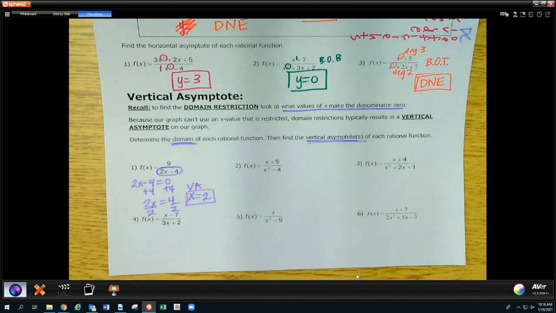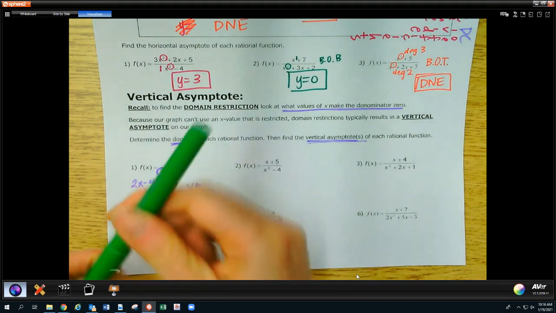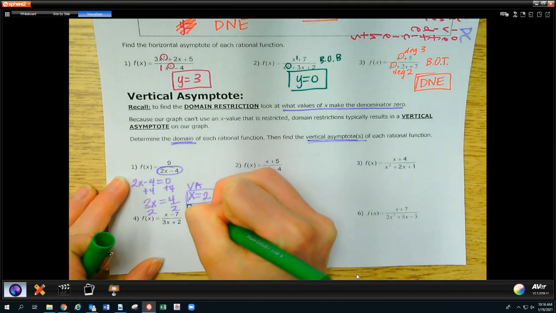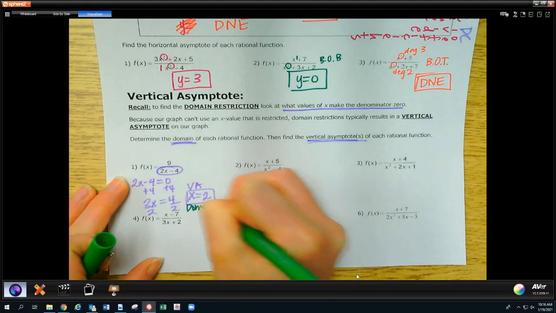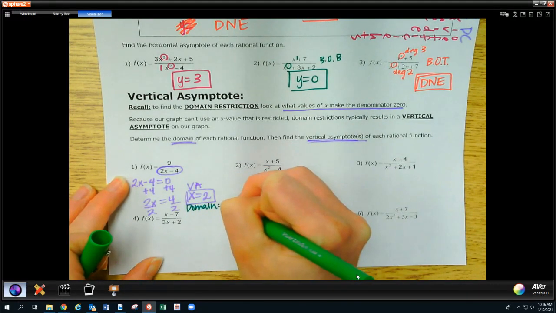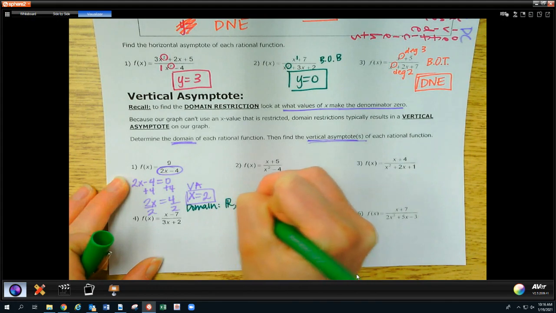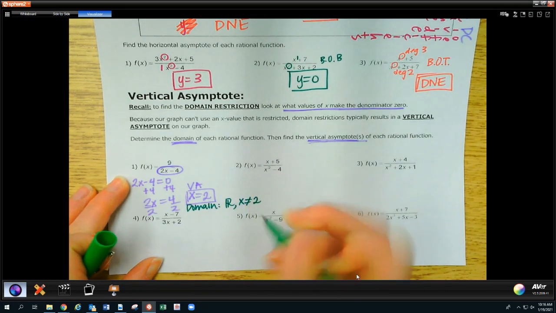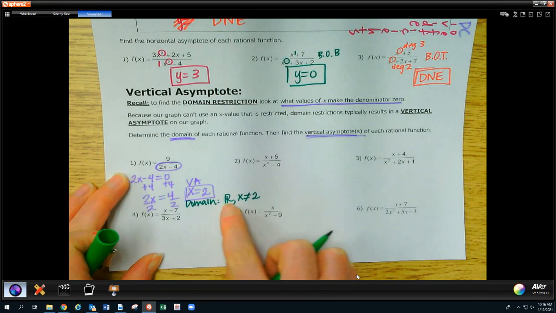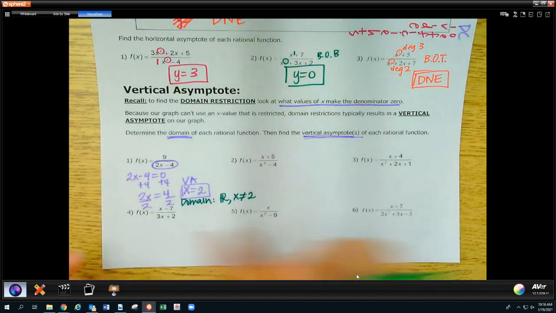And so if we were to write our domain, we would say all real numbers except x cannot equal 2. Sometimes they don't write this all real number symbol, they just write the x can't equal 2. So just be prepared to recognize that situation.